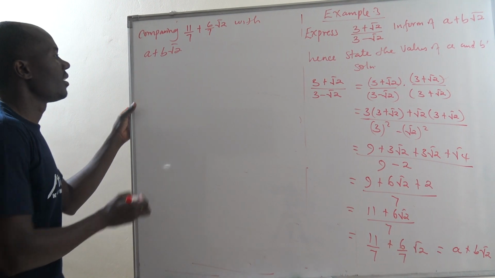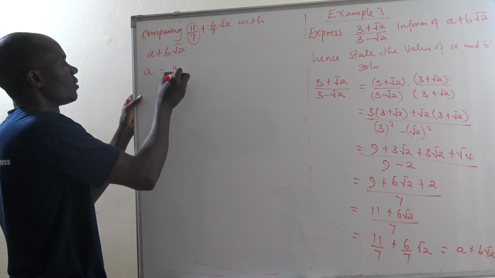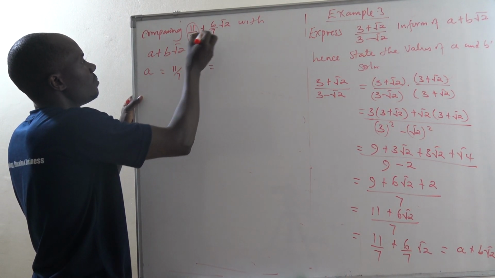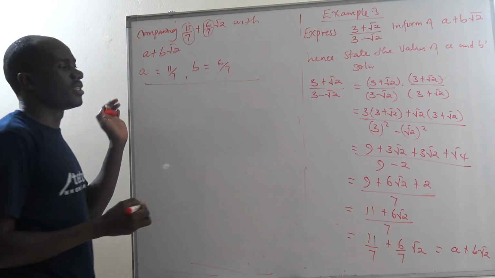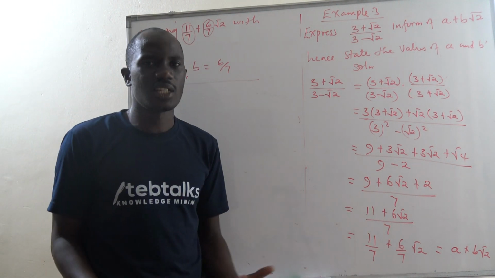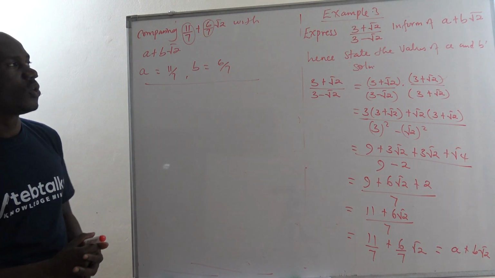Can we compare? What is A? A equals 11 out of 7. What is B? B equals 6 out of 7. When they say hence, they are meaning where you have stopped, just go ahead and set the values. That's what we normally do with that.